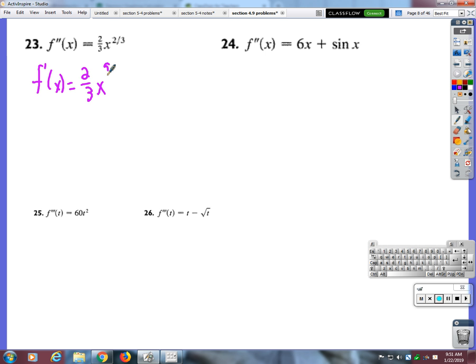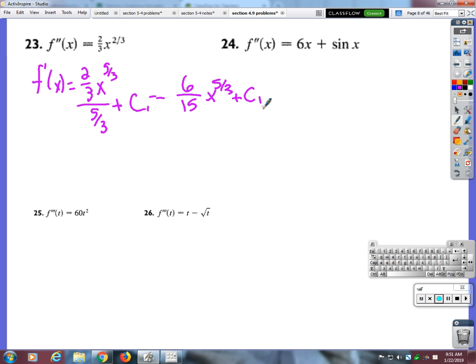And then I have to divide by that plus c. Okay? So dividing by 5/3 is the same thing as multiplying by 3/5. So this would really be 6/15 x to the 5/3 plus c1.